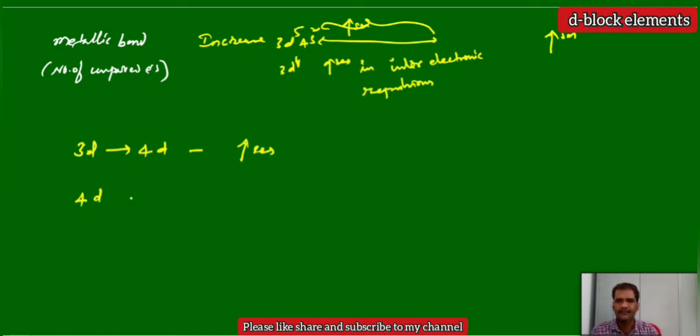But if we see from 4d to 5d, here the size is almost the same. The 4d series and 5d series have group elements with similar size. Why here do the 4d and 5d series have almost similar size? That is mainly due to the lanthanide contraction. I use one word: lanthanide contraction.